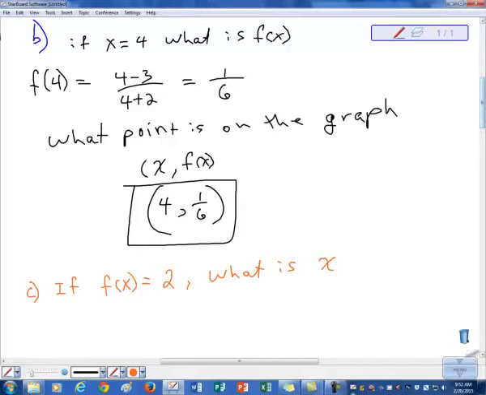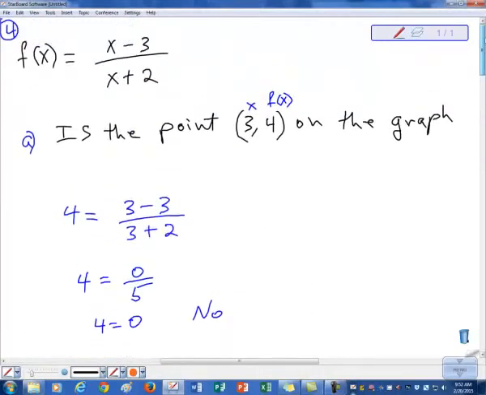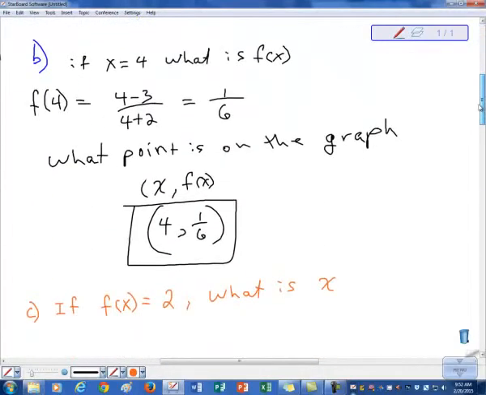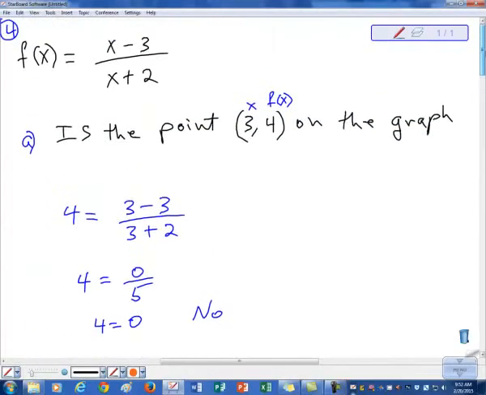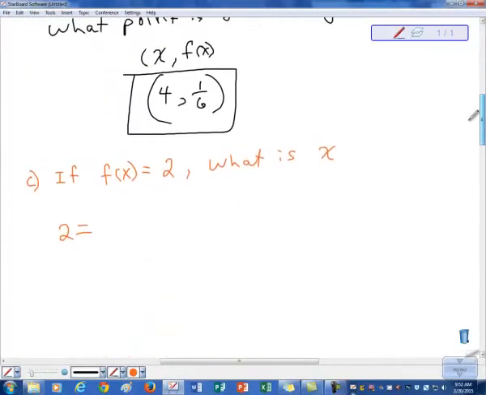So now for our function f of x equals x minus 3 over x plus 2, we put the 2 in the f of x side. So this is 2 equals x minus 3 over x plus 2, and then we solve.